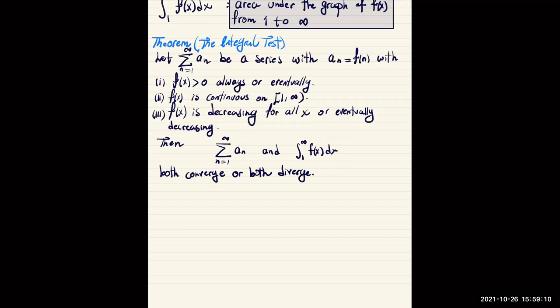Let me see here, what's the question in the chat. It says, question from AJ, could you use it on a specific part of a sequence where it is decreasing?